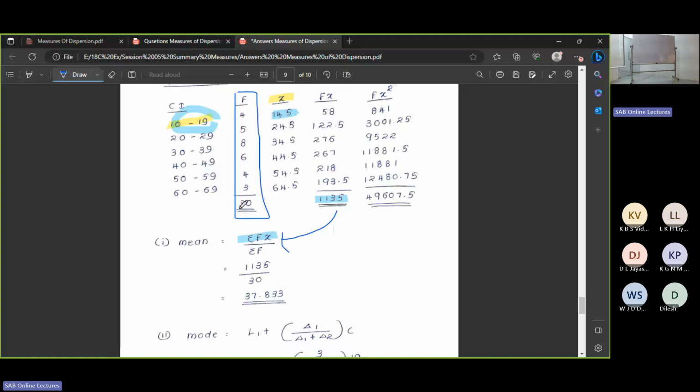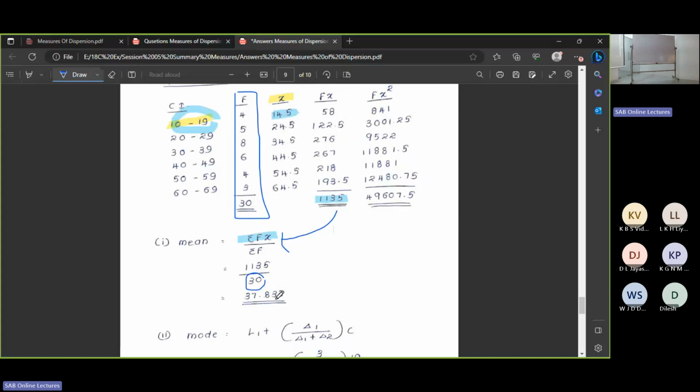It means there are 30 observations. Clear? Then we can find the mean value. Mean is 37.832. It means approximately 38 is the average number of employees who left the company.